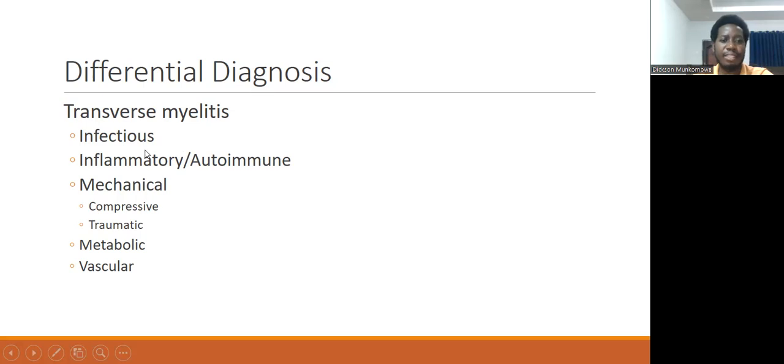They could be infectious, which is a whole myriad: viral, bacterial, fungal, parasitic. They could be inflammatory or autoimmune, which also has a broad differential. They could be mechanical, compressive, which also has a differential, or could be traumatic. They could also be metabolic, and there's an array of metabolic causes. Could there be vitamin deficiencies? Could there be toxins? Could there be heavy metal intoxications?